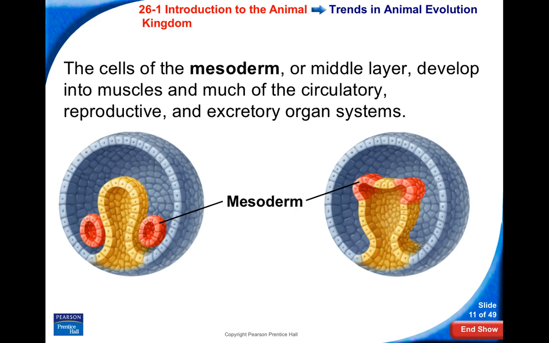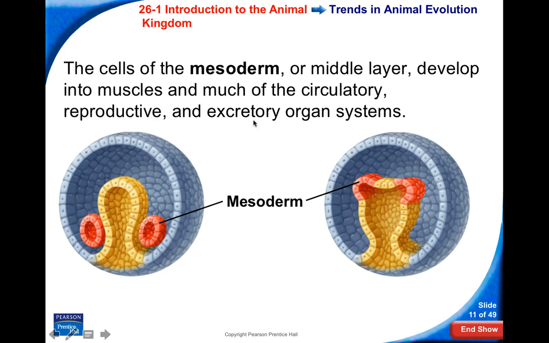Okay, mesoderm, meso means middle, so this is the middle germ layer, and we see it as red here. So you can see it here and here for this protostome, and then here and here for a deuterostome. The mesoderm actually develops into muscles or whatever is similar to muscle tissue, circulatory system, reproductive system, and all the excretory organ systems.